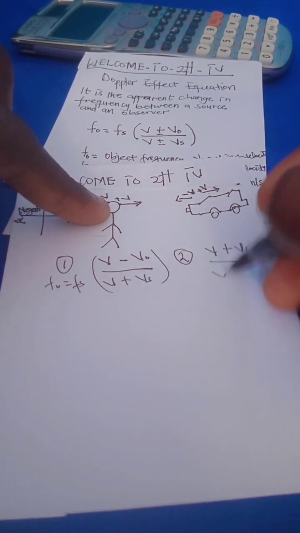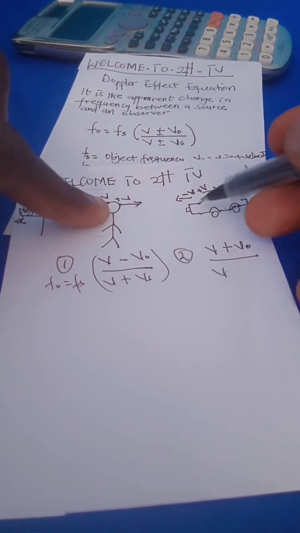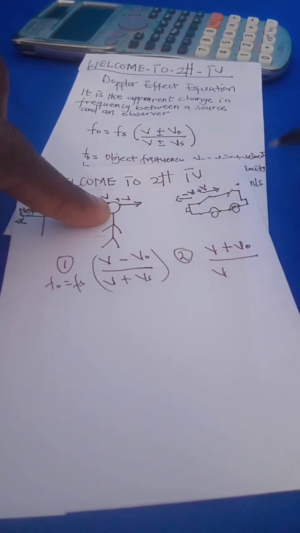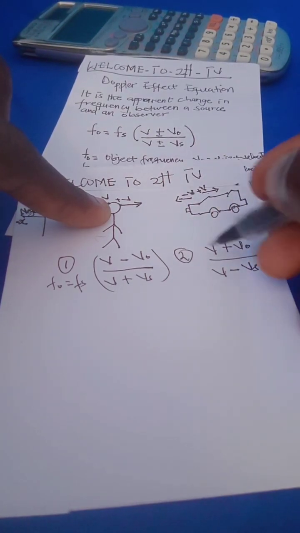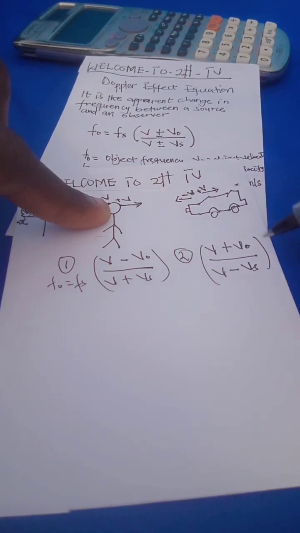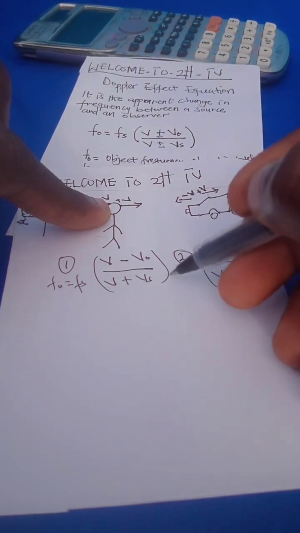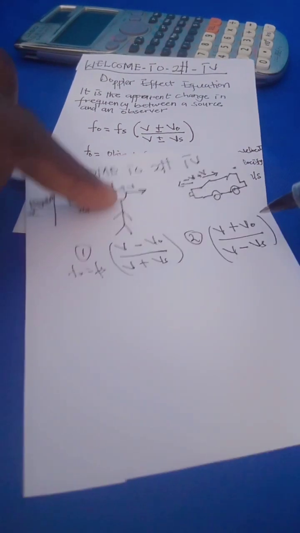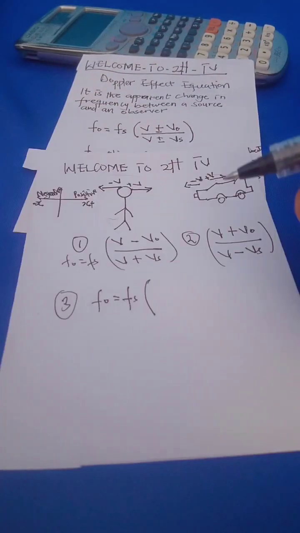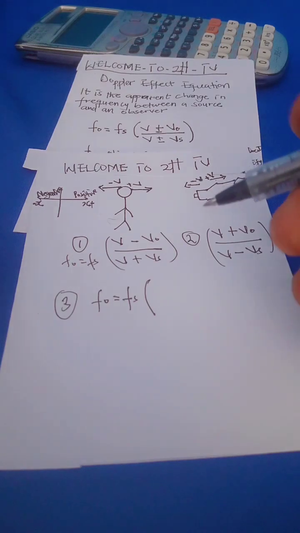Then if the source is moving towards the object, the source velocity is negative. So this is how the second case looks like. So you just add, F_O is equal to F_S multiplied by the whole of this in the second case. Now we are looking at the third case.